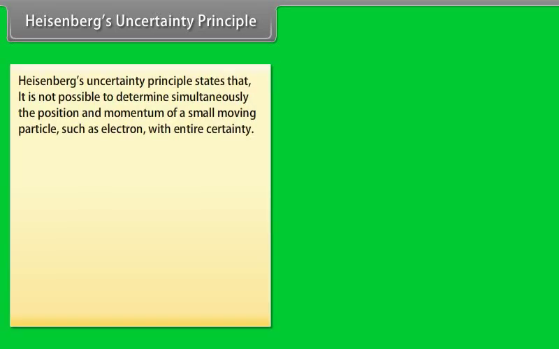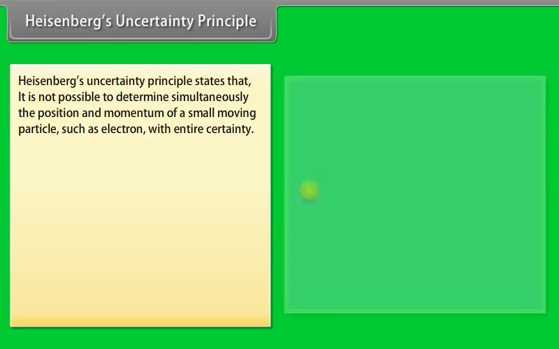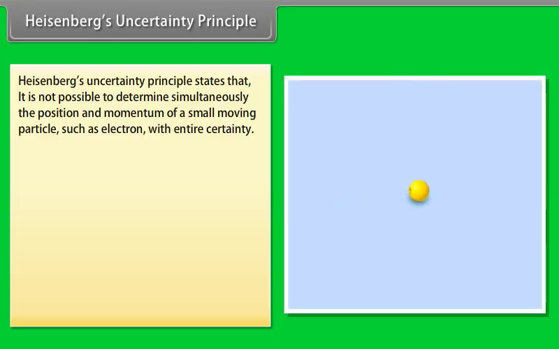Heisenberg's uncertainty principle. Heisenberg's uncertainty principle states that it is not possible to determine simultaneously the position and momentum of a small moving particle, such as an electron, with entire certainty.